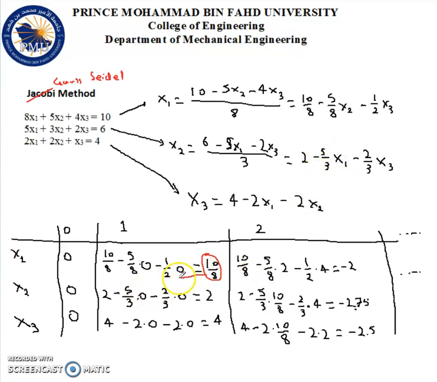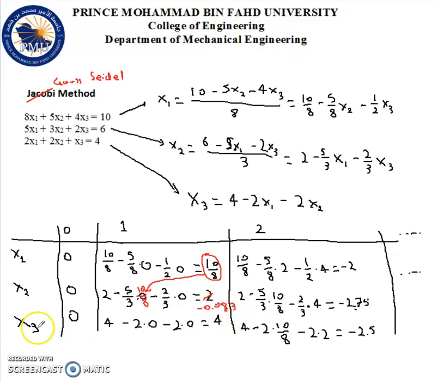So now instead of 0, we will have 10 over 8 minus 2 over 3, and x3, our latest x3, is 0, so we'll leave it as 0. So for our first repetition, the value of x2 using the Gauss-Seidel method is not 2 anymore, but minus 0.083.